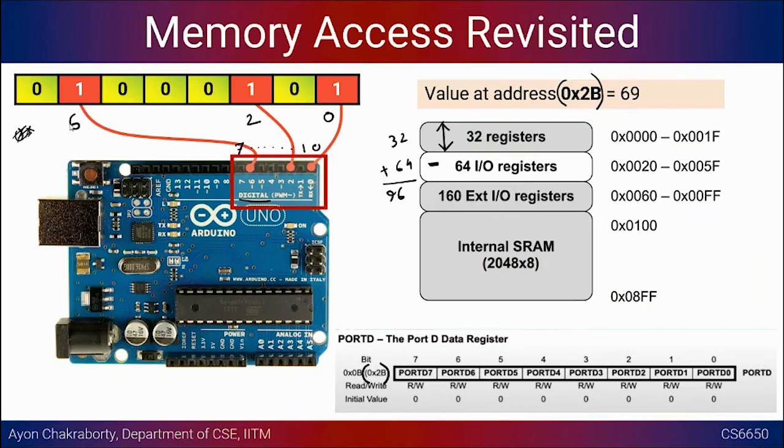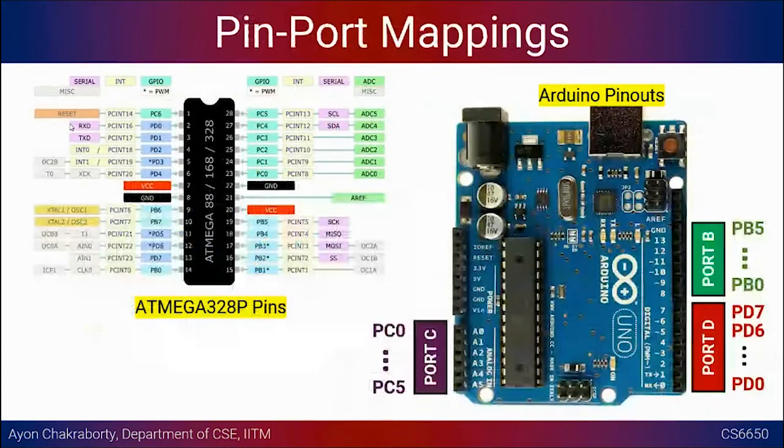Okay, so within Arduino, we have this nicely laid out collection of ports. So we have this port B, which is a collection of 0 to 5. So there are 6 input output pins. There is this port C, which again has 6 input output lines, and port D that has PD0 to PD7, 8 input output lines.